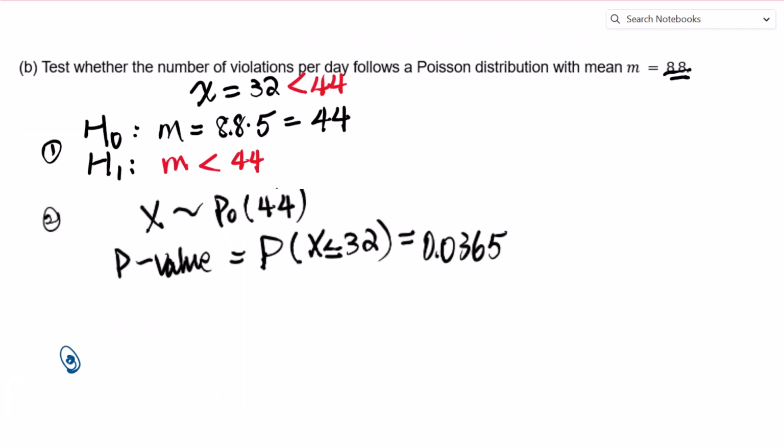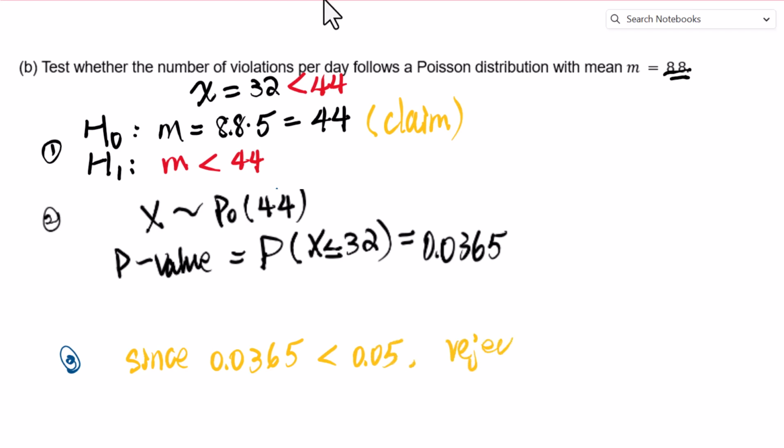Then we can draw the conclusion. This is our claim. Since the p-value 0.0365 is less than 0.05, reject H0.